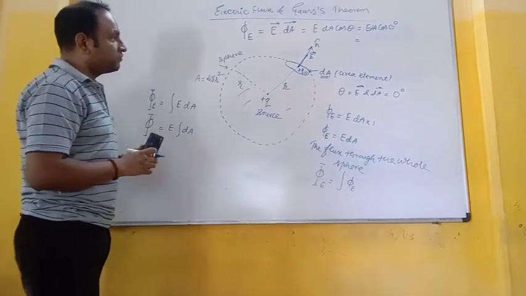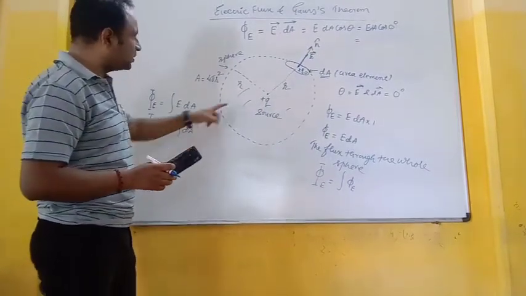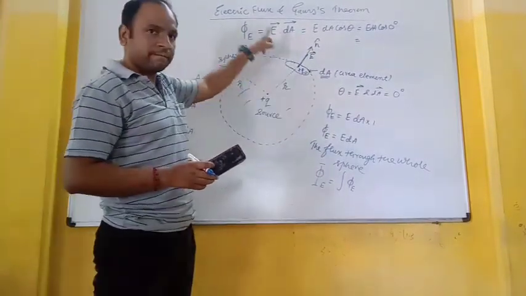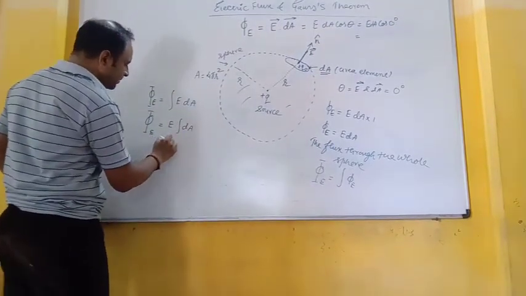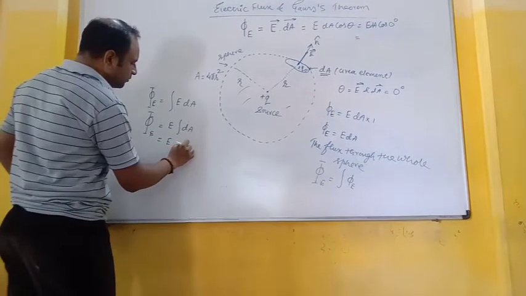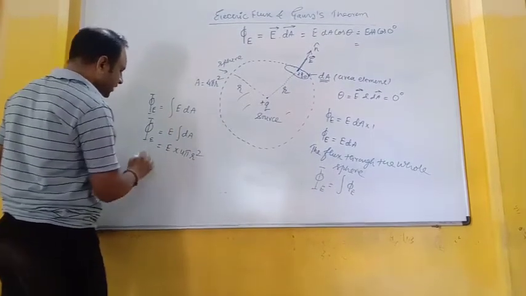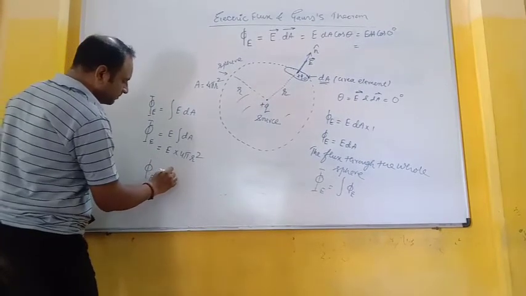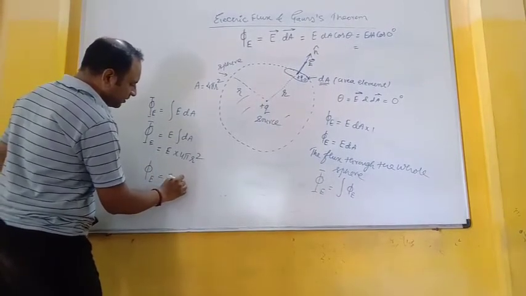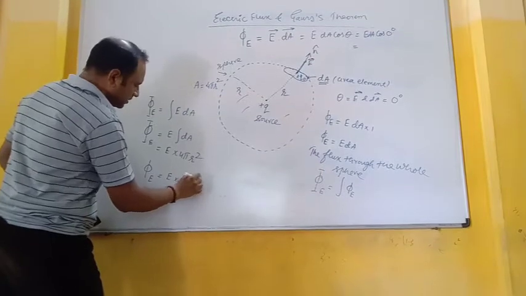And now since we are performing this integration over the whole surface, the whole integration would give me E into 4 pi r square. So the flux coming out from that sphere would be E times 4 pi r square.